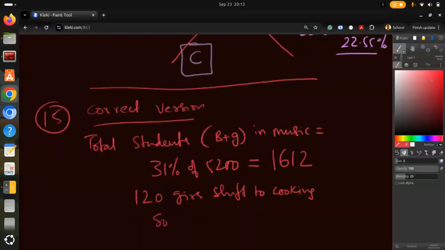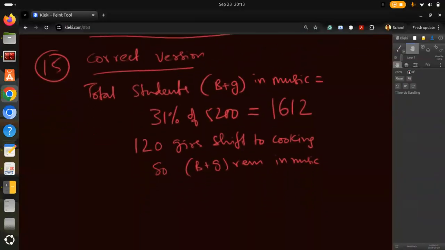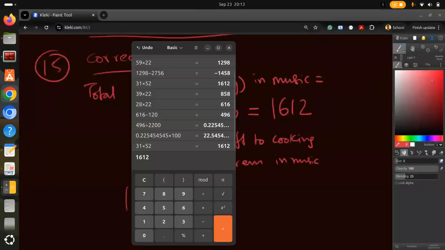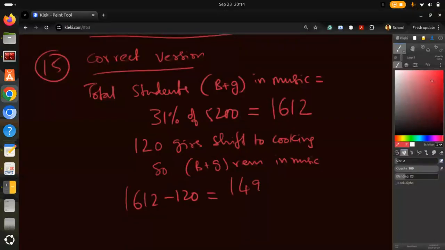So boys plus girls remaining in music will be 1612 minus 120. How much is that? Minus 120, which is 1492. So the total students enrolled in music now is 1492, whereas the total students is 5200.